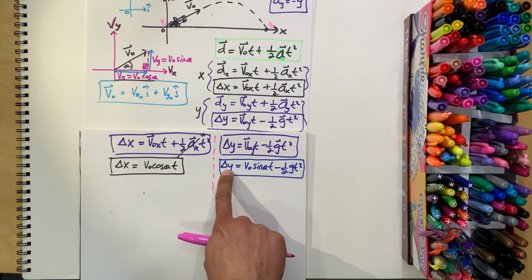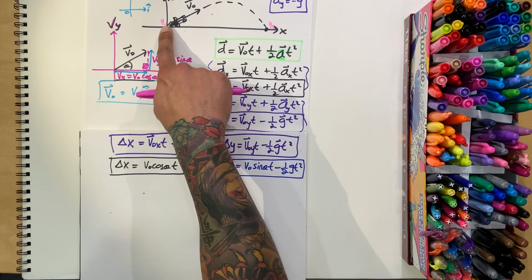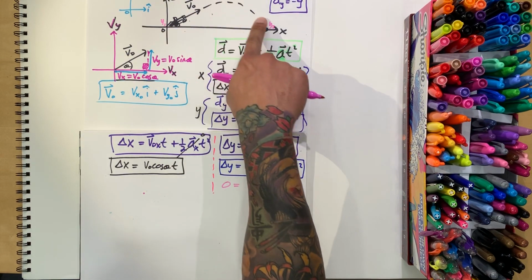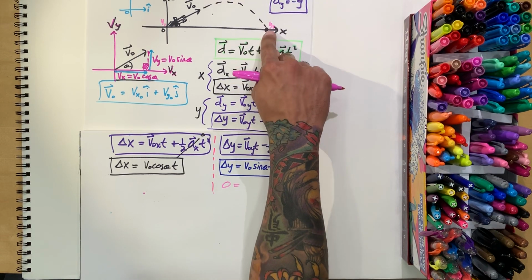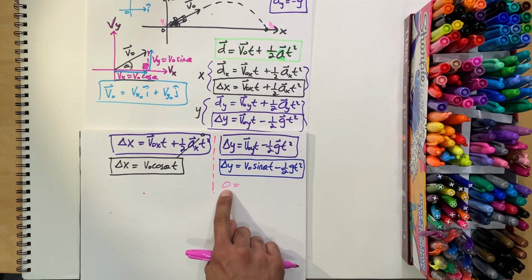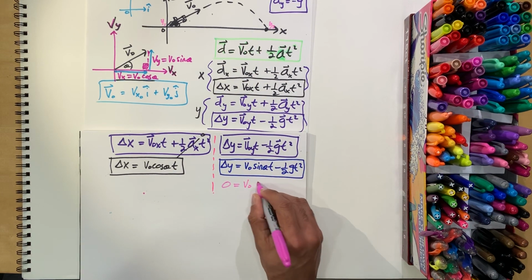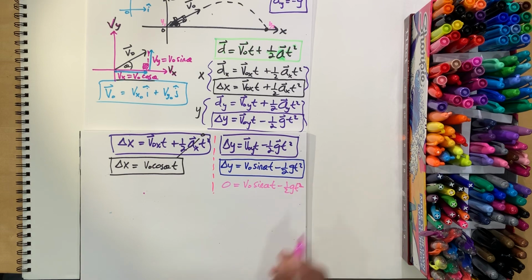Because you're starting at an initial height of 0, and then you finish your trip, and your height at the final distance is 0 also. And so this side is 0, and then here, v initial sine theta time minus 1/2 gt squared. Now we can cancel out one of the t's.